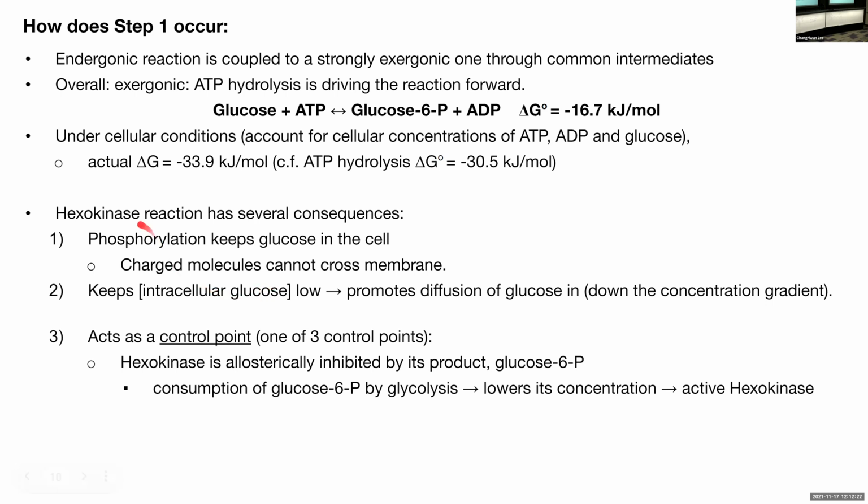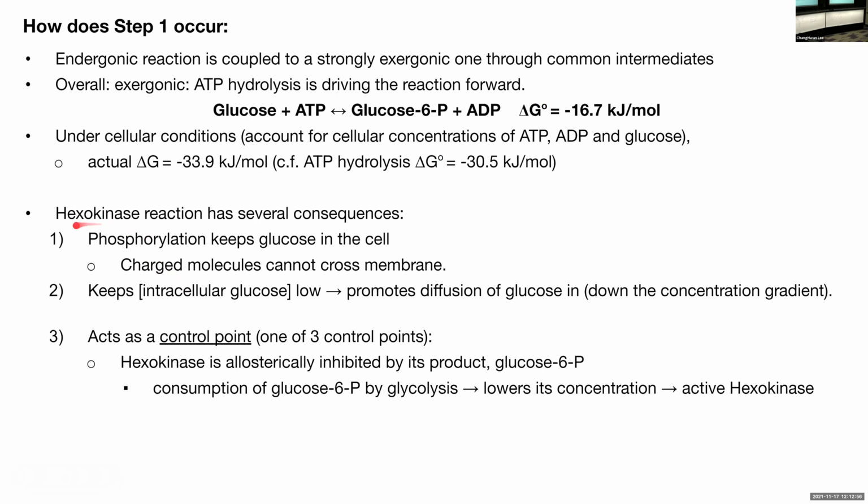Also, hexokinase keeps the intracellular glucose level low because all the glucose becomes glucose 6-phosphate. So it promotes the diffusion of glucose from outside to inside the cell, using that concentration gradient. Whenever there is a lot of glucose outside of the cell, you're going to keep getting glucose inside the cell through this process.